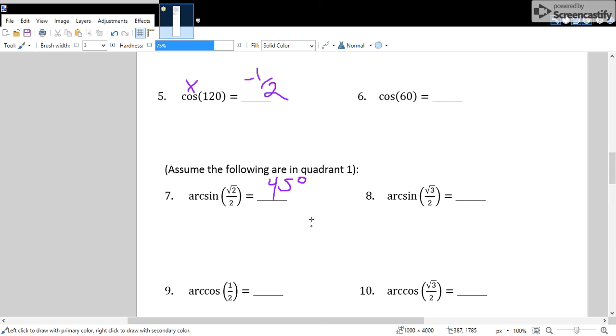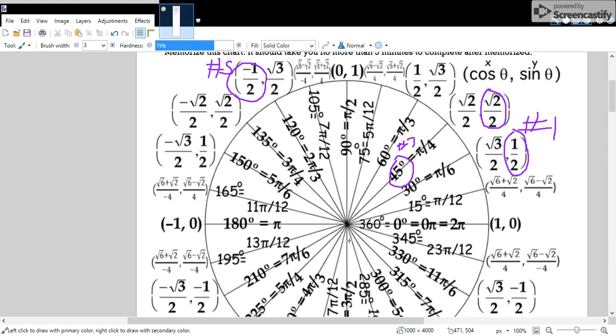And there is a trick for this right here. If it wasn't assuming it was in quadrant 1, you can remember this acronym. It is A for all, everything's positive. S, students, for sine, all the signs are positive.